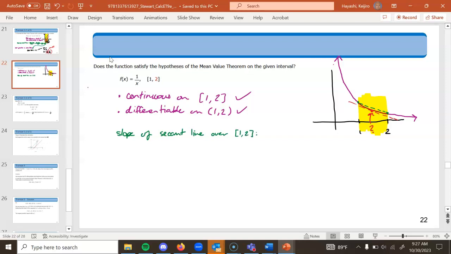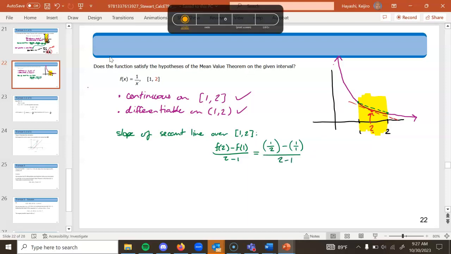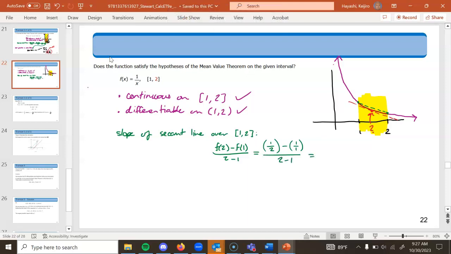Slope of the secant line over 1 to 2. That's going to be f of 2 minus f of 1 over 2 minus 1. It's going to be 1/2 minus 1 over 1 over 2 minus 1. So that's negative 1/2 over 1, which is negative 1/2.